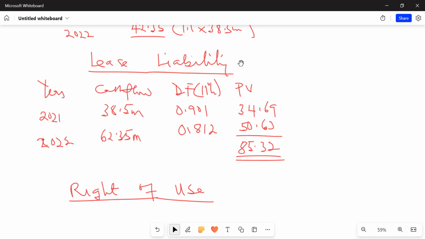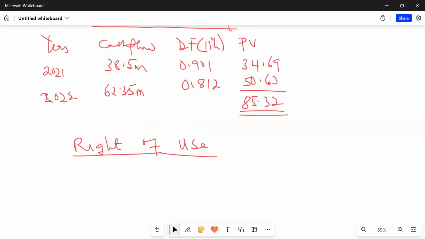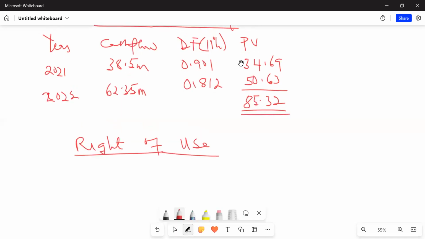So the right of use, the first item that will come is the lease liability, the present value of the minimum lease payment. So let's take that, which is the lease liability, 85.32.